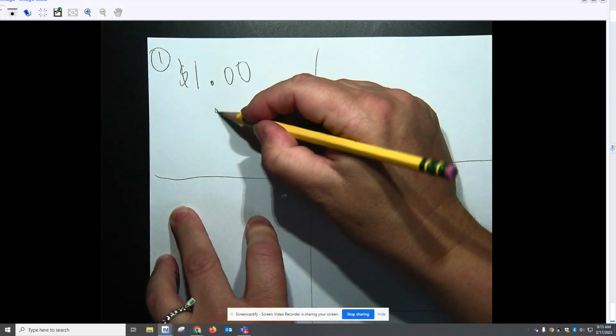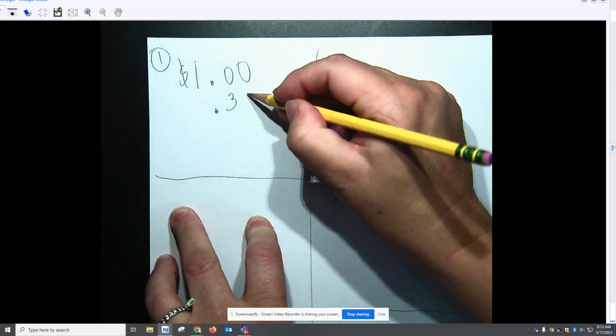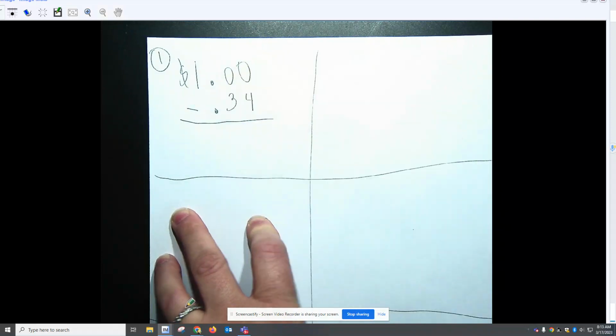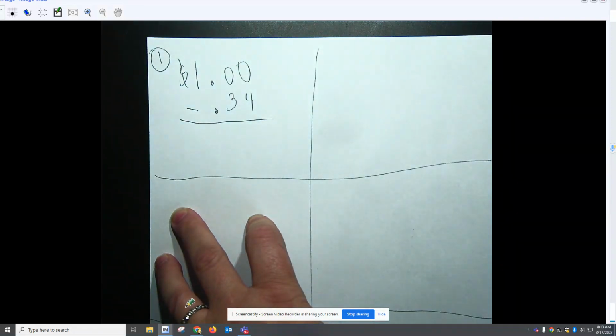And then I'm going to write 34 cents as a decimal, minus .34. This is my work. I am not copying down the problem. I'm not copying down the answers. That is not showing your work.